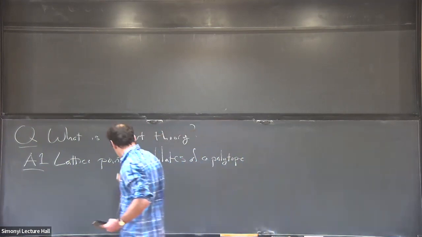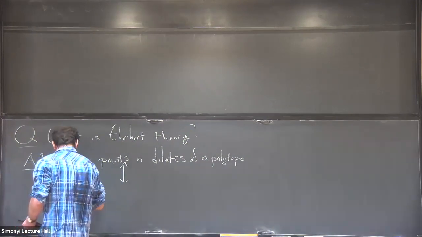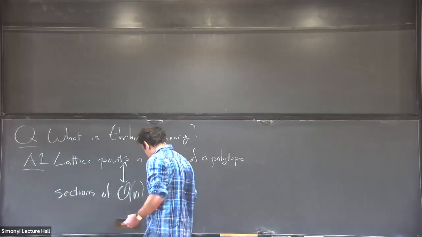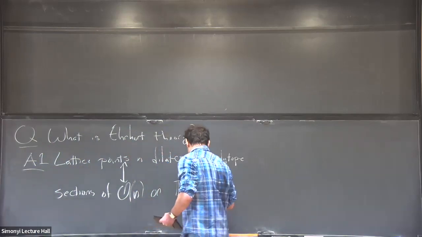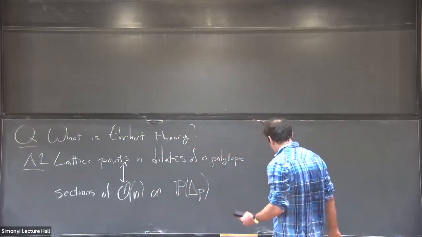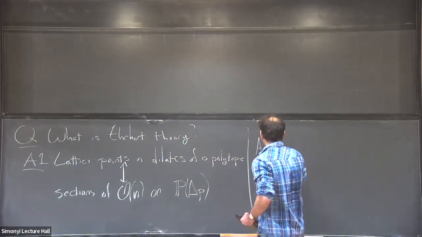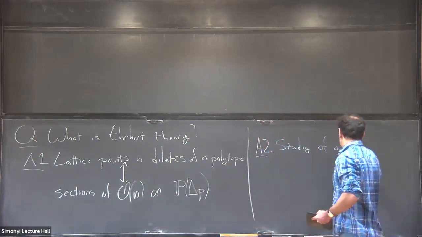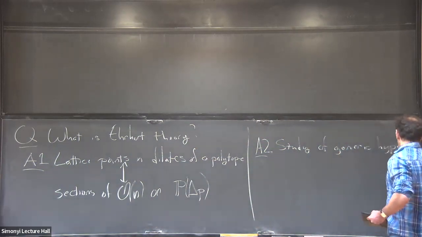Algebraically, geometrically, that corresponds to sections of O(n) on the projective toric variety attached to this polytope. Answer two is the study of generic hypersurfaces with a given Newton polytope.